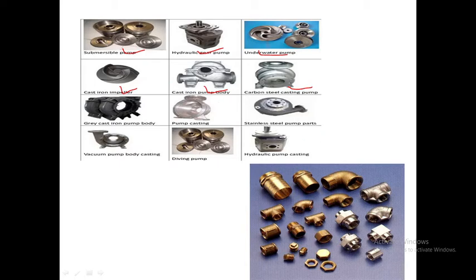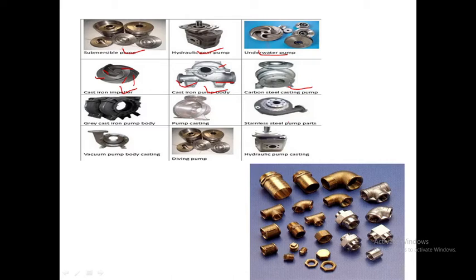These are complex shapes which you cannot produce by other methods, and if you are able to produce them by another method, it is not economical compared to casting. Such shapes are only possible by using casting.